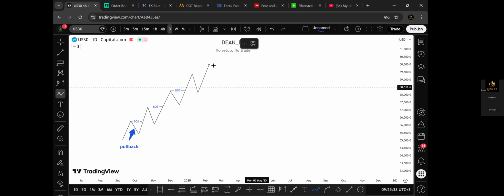So in order for you to know that the bullish market has turned into a bearish market, price will come and take out.